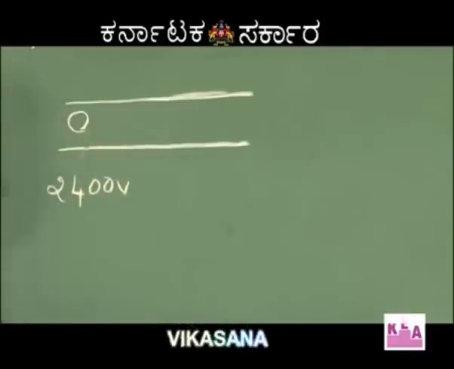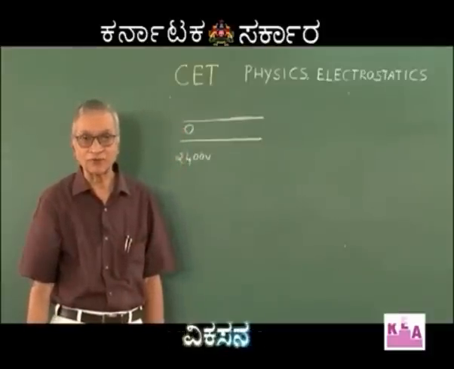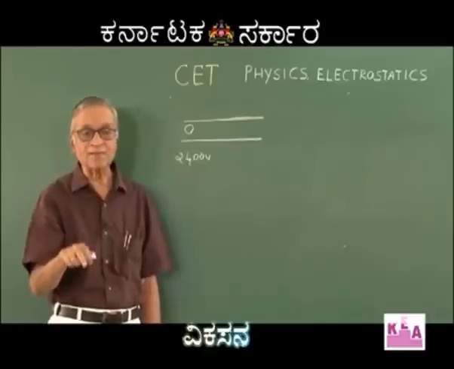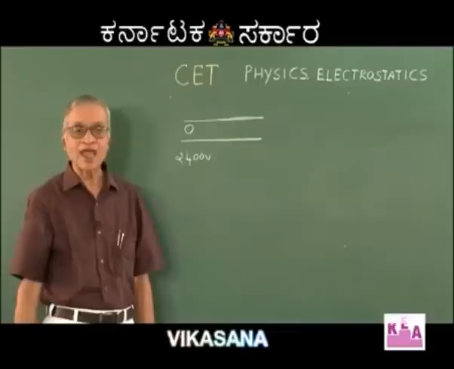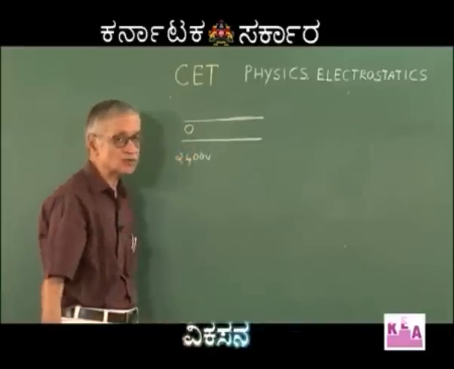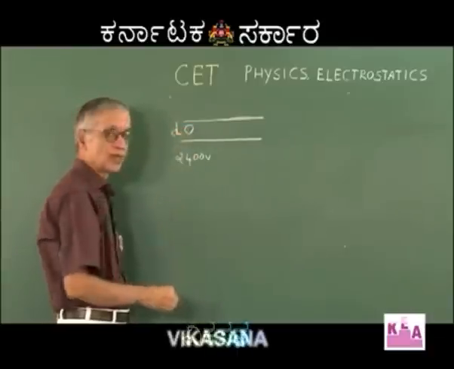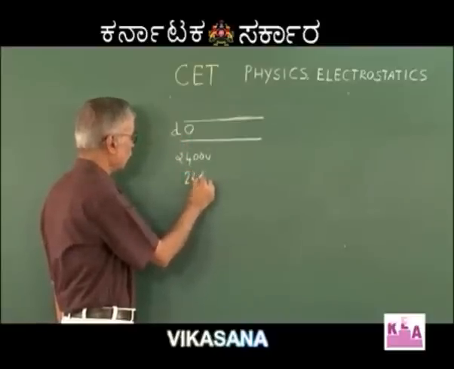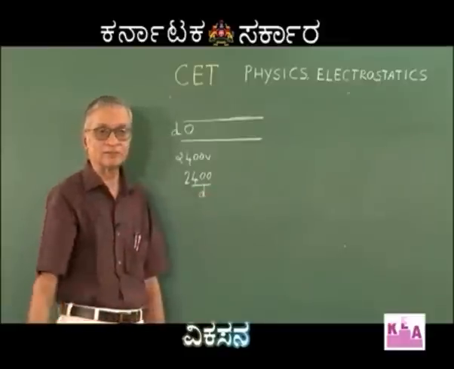You agree that the drop will remain stationary if the gravitational force, rather the weight, is balanced by the electrostatic force. You know that if the potential difference between the plates is 2400 and if the plate separation is d, electric field between the plates is 2400 divided by d.